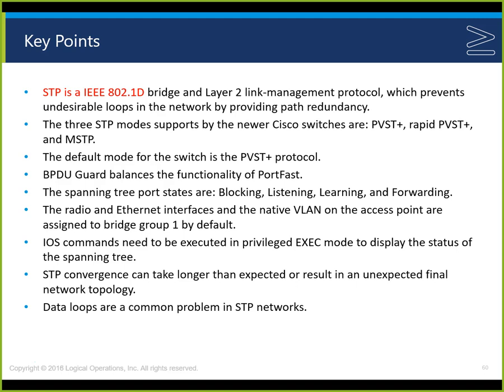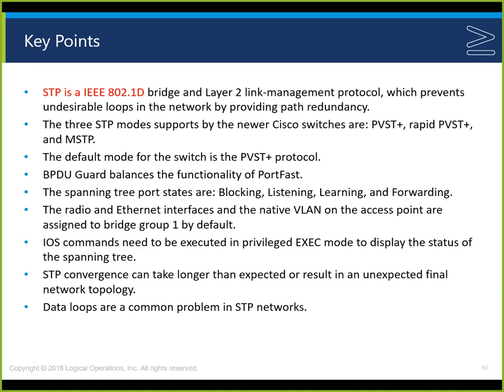We can have physical loops, and we get a break in the looping with blocked ports, so that we have backups readily available if a link goes down. Three STP modes supported on the newer Cisco switches: Per-VLAN Plus, Rapid Per-VLAN, and Multiple Spanning Tree. The default is Per-VLAN.